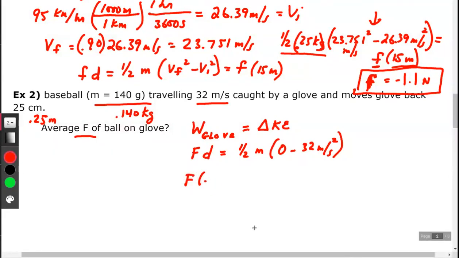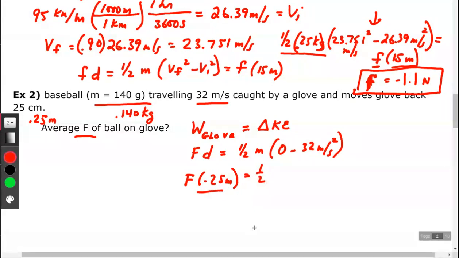We know that it moves back 0.25 meters. That's what the glove actually does move back, and we know that. And the glove is doing work when it moves back. It's doing that negative work. It's applying its force in the opposite direction of the displacement. We're told it moves back 0.25.